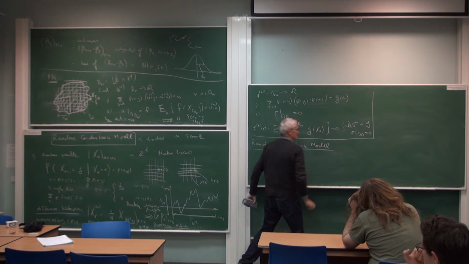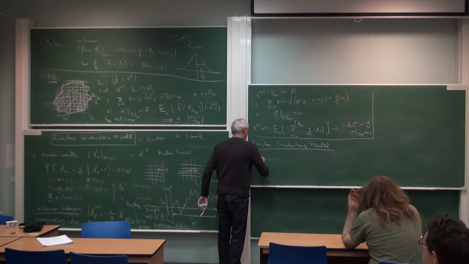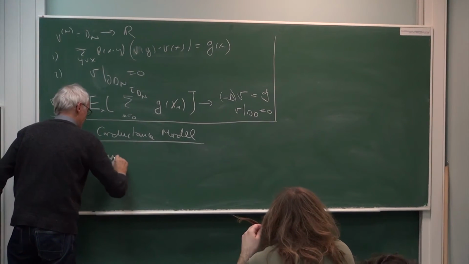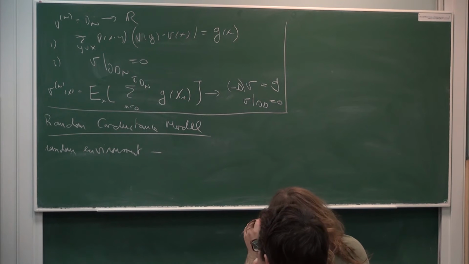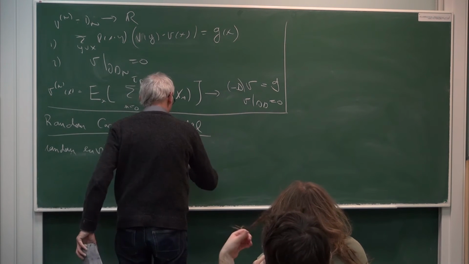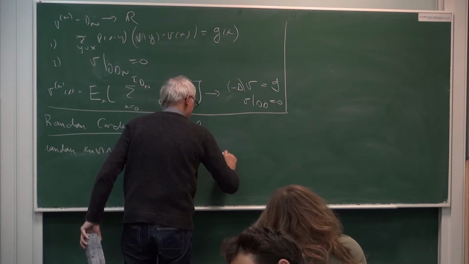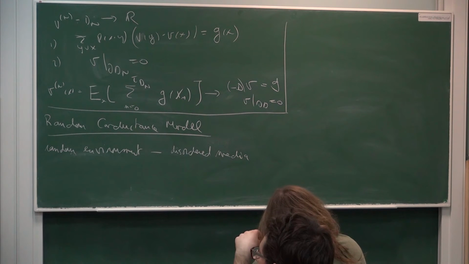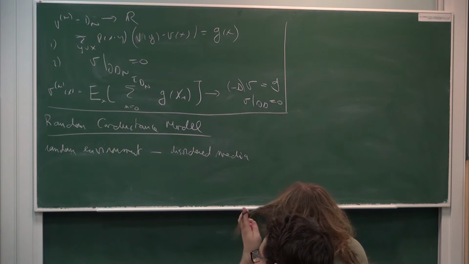So you are in a setting which is called a random environment, or also in mathematical physics in so-called disordered media, where the transition probability here is itself random by some external randomness.